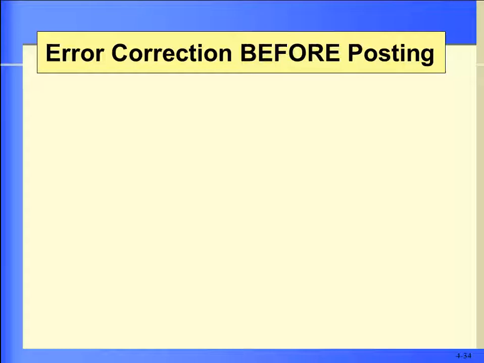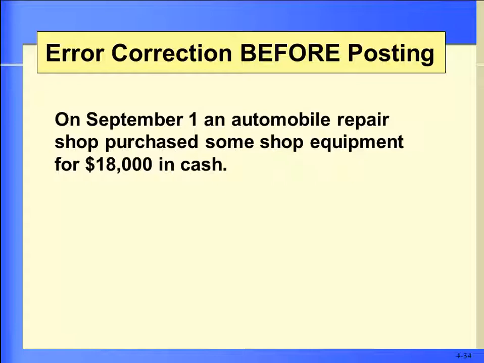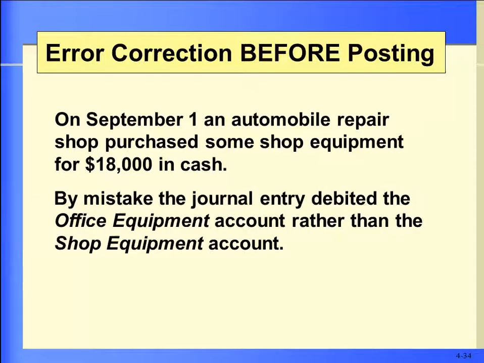If we discover an error before posting, here's an example. On September 1st, an automobile repair shop purchased some shop equipment for $18,000. By mistake, they debited the office equipment account instead of the shop equipment account.